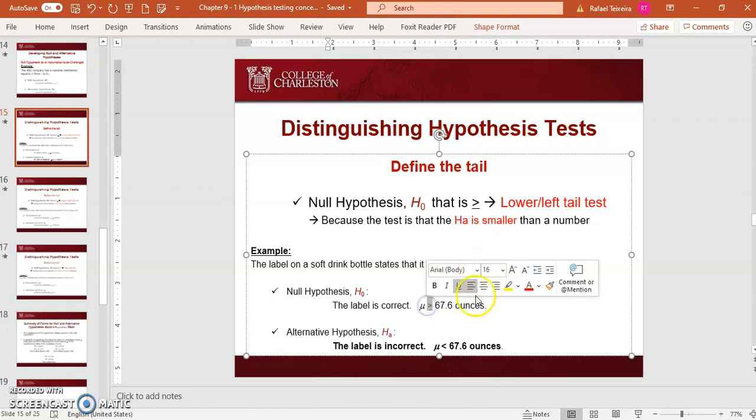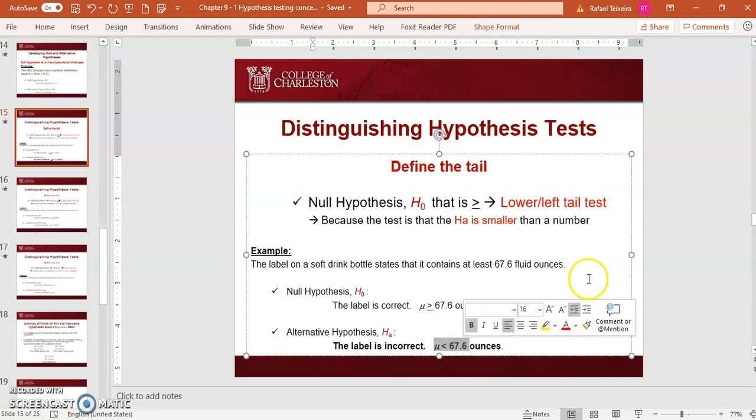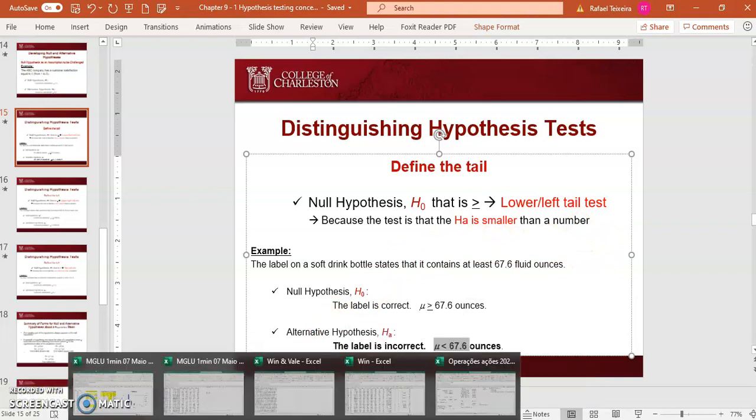It is equal or higher because the bottle has at least 67.6 fluid ounces; it can have more. The alternative hypothesis is that the bottle has less than 67.6 ounces. So the challenge is that the bottles don't have the full amount of fluid ounces. Let me show you one example.